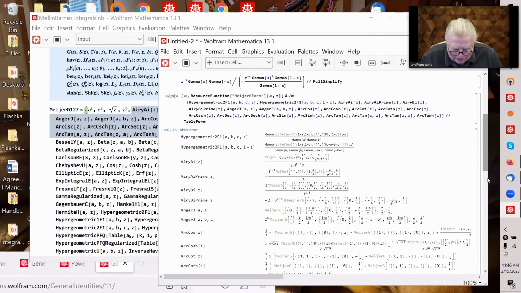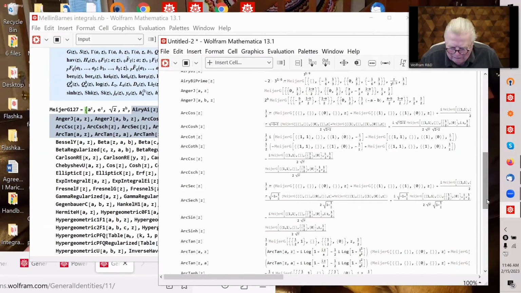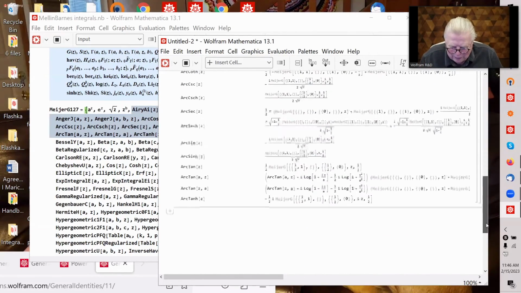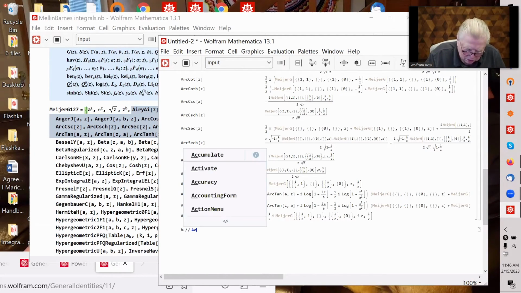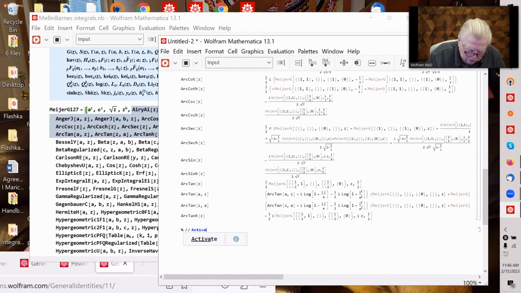Now, you see how it works. Output include inactive Meijer, but we can make activation. Activate.